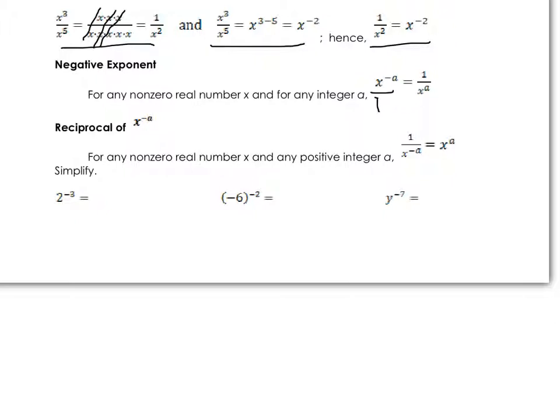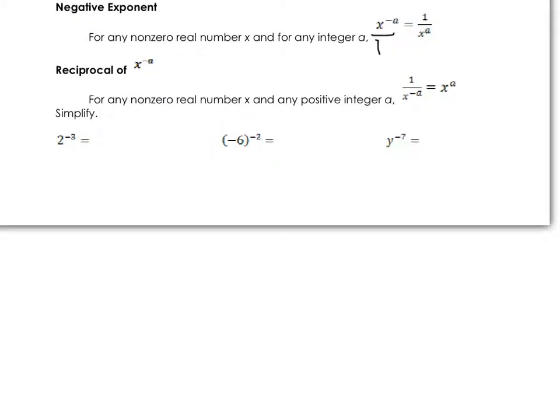What about 1 over x to the negative a? It's in the denominator. It's in the wrong location. So we have to move it up to the numerator, and it becomes a positive a. When you put your base in the correct location, the exponent will be positive.